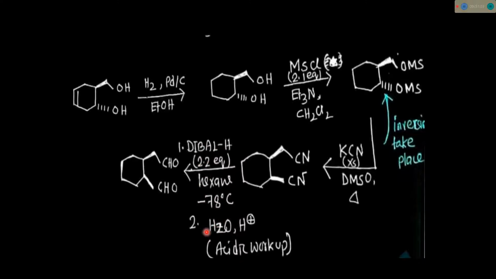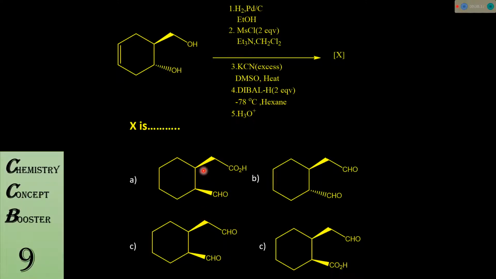So this 1-2 step is involved in the conversion of CN to CHO. So in the product, this is also above, this is also above the plane. So see the product, both should be above.